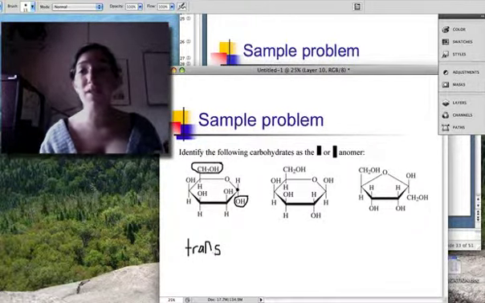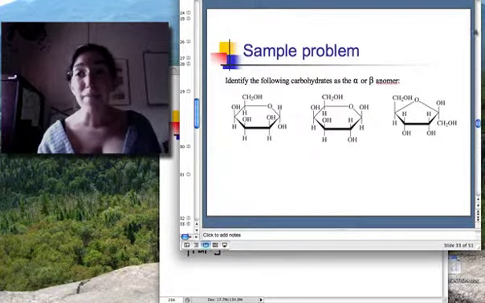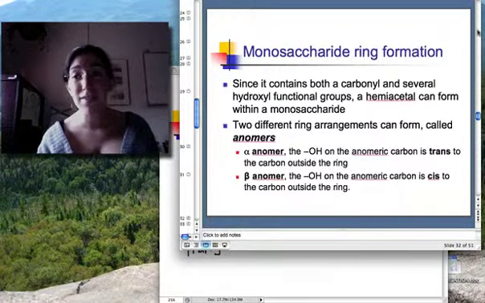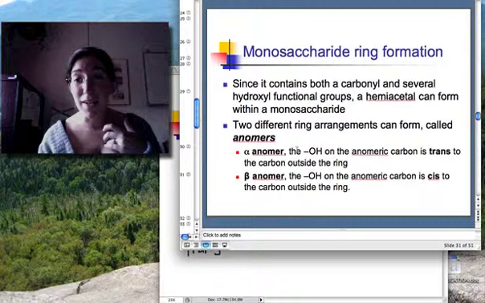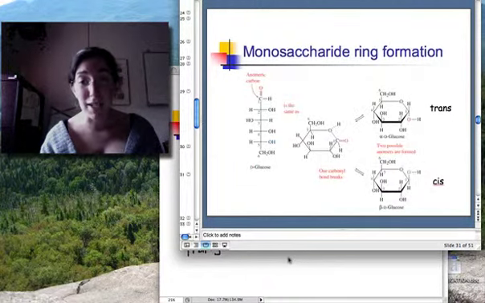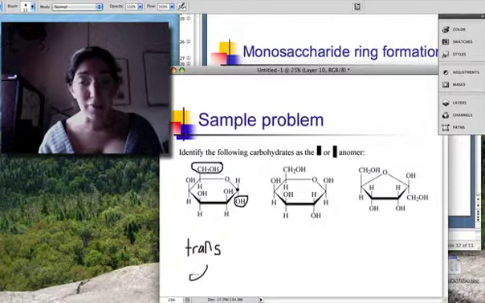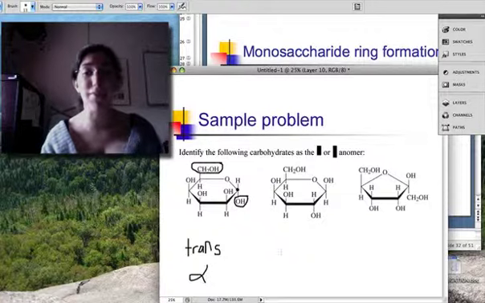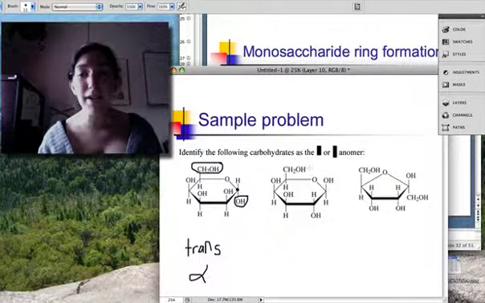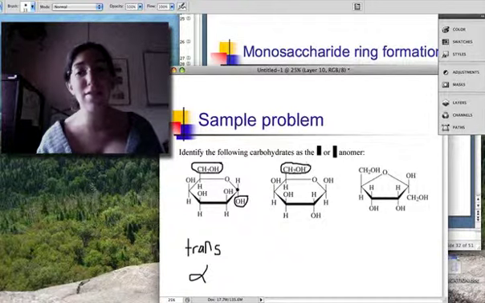All right, so this would be trans, and in terms of anomers, the trans anomer is the alpha anomer, okay? So I'm going to write alpha. That's an alpha. It looks like a fish. Okay, now the second one here. Again, we're always comparing this group to the alcohol group coming off the anomeric carbon.